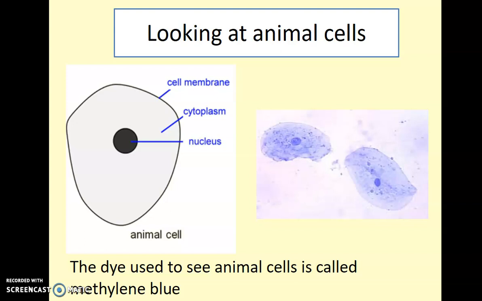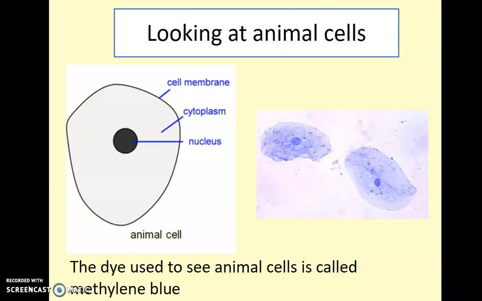Okay, so when we're looking at animal cells down a microscope, all of you will have done this practical, and if not, hopefully we'll get a chance to redo it so you can do it again. In order for you to see cells, you've got to use a microscope, and for animal cells you have to dye certain types of cells different things so you can see them, otherwise you can't see all of the different organelles on an animal cell. The dye that you use to see animal cells is called methylene blue.